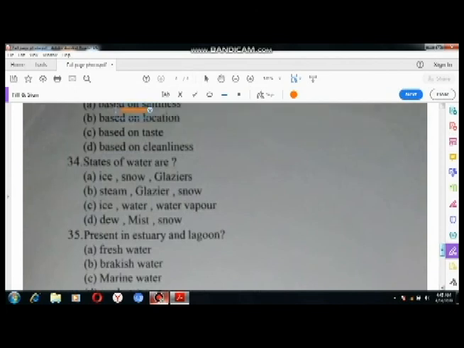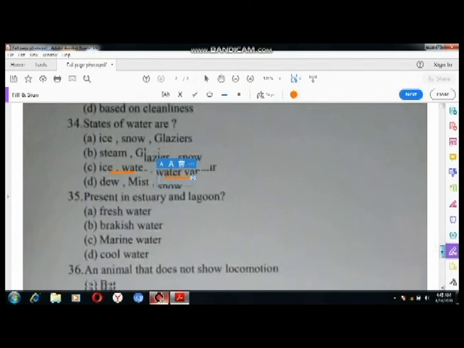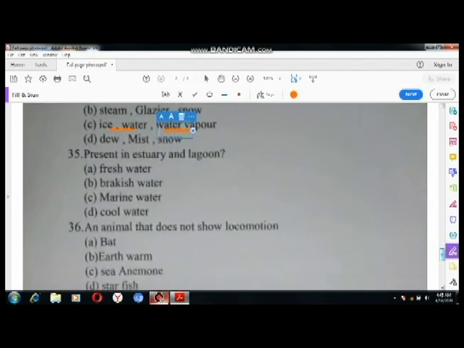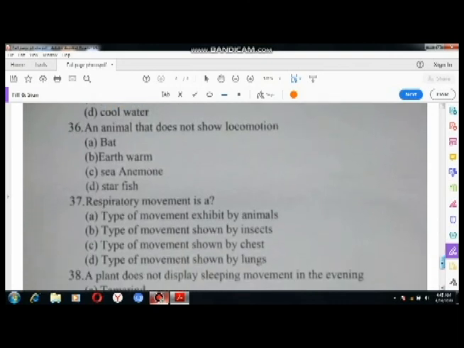So answer C. Ice is in solid state, liquid water is in liquid state, water vapor is in gaseous state. Found in estuaries and lagoons: answer B, brackish water. And animals that do not show locomotion: sea animals do not show locomotion but show only movements. So answer C.